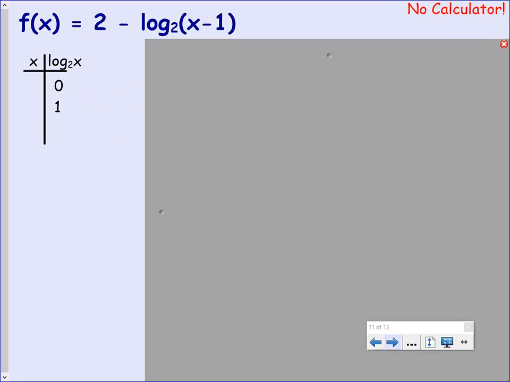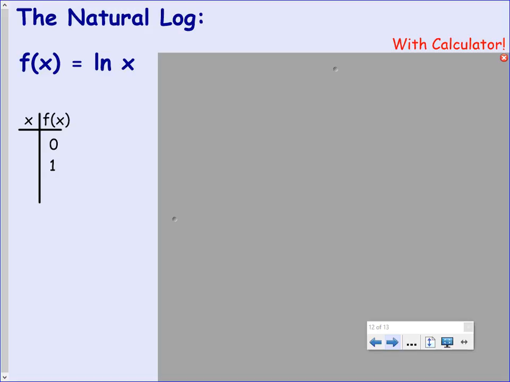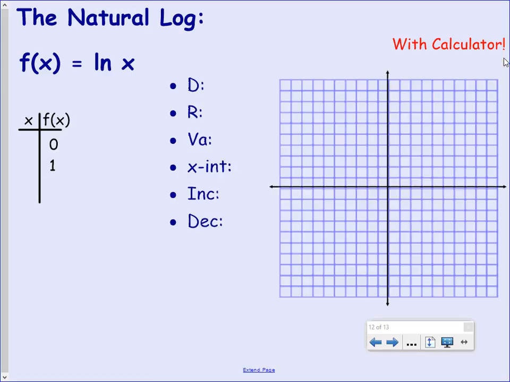Now, I won't do this example, but I want to talk really quickly about a graphing question that could be on the calculator portion, which would be a natural log graph. Natural log is the log with base e. This one I really don't have to have a calculator for. I know that when my f of x value is 0, my x value is 1, and when my f of x value in this graph is 1, then it is whatever the base was, and the base was e.